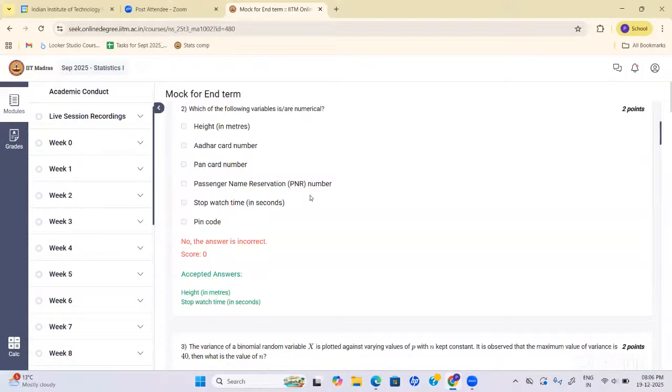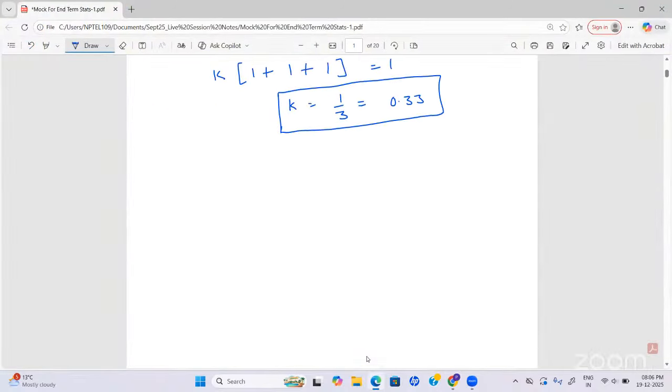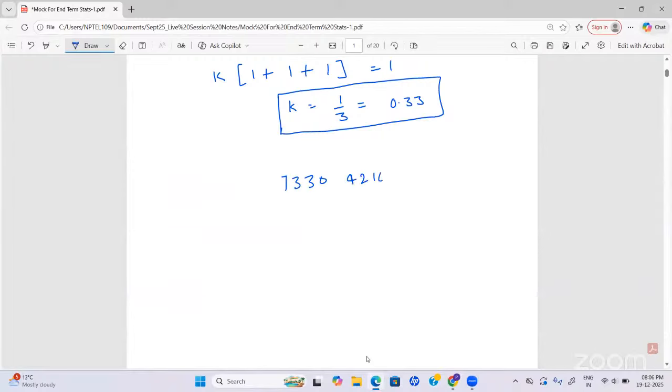Okay, you are saying that you are arranging them, but suppose I'm just writing any number, suppose this is an Aadhaar card number. So now this is one number. Now you are trying to arrange it like this.